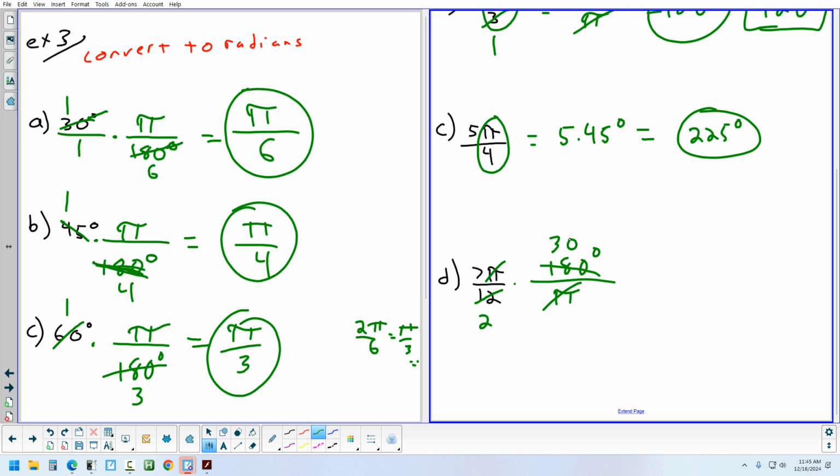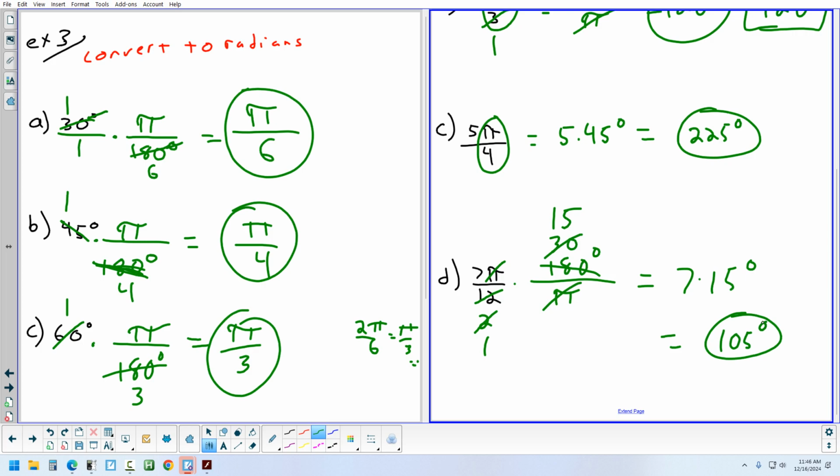But now, since we can reduce again, we probably could have picked a bigger number to start with. 2 and 30, what number goes into both? 2. So what are we left with to figure out? 7 times 15 degrees. Which is how much? 105. Yep.